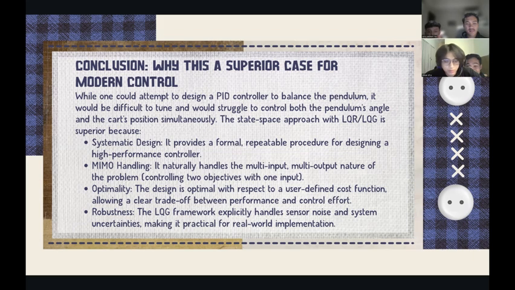It handles the multi-input, multi-output nature of the problem, controlling two objectives with one input. For its optimality, the design is optimal with respect to a user-defined cost function, allowing a clear trade-off between performance and control effort. And for its robustness, the LQG framework especially handles sensor noise and system uncertainties, making it suitable for real-world implementation.